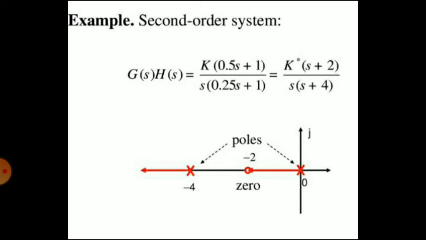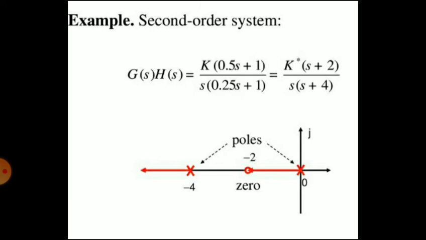If we take a point in between -2 and -4, then on the right hand side of that point there is 1 zero and 1 pole. So it is even, and there should not be a point on the root locus between -2 and -4. But if you take a point in between 0 and -2, then on the right hand side of that point only one pole will be there, so this point will be on the root locus.